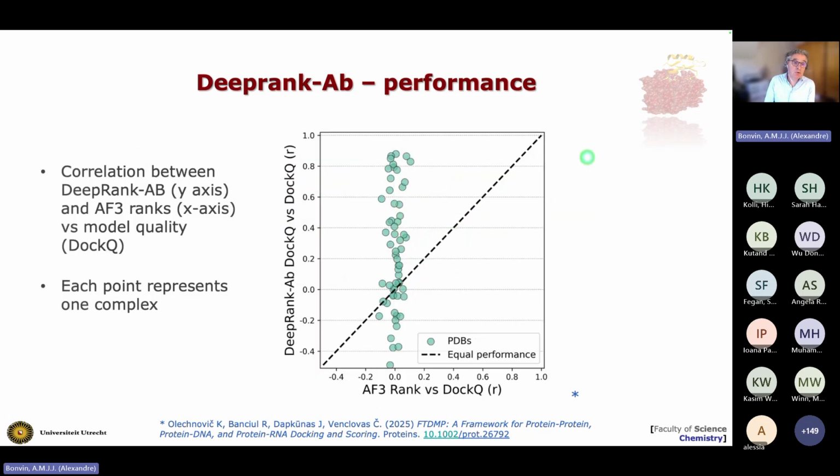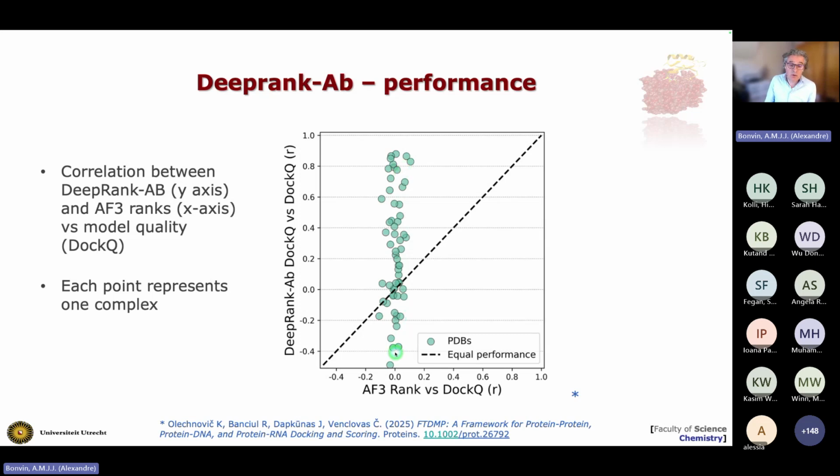What is interesting also, is the problem solved? No, it's not. We are correlating here the ranks of AlphaFold versus the quality of the models measured by DockQ. So AlphaFold has basically no correlation between rank and values. So everything is around 0. DeepRank is doing better. So for some complexes, these are all the complexes that we use, we have very strong correlation between the score reported by DeepRank and the real quality.